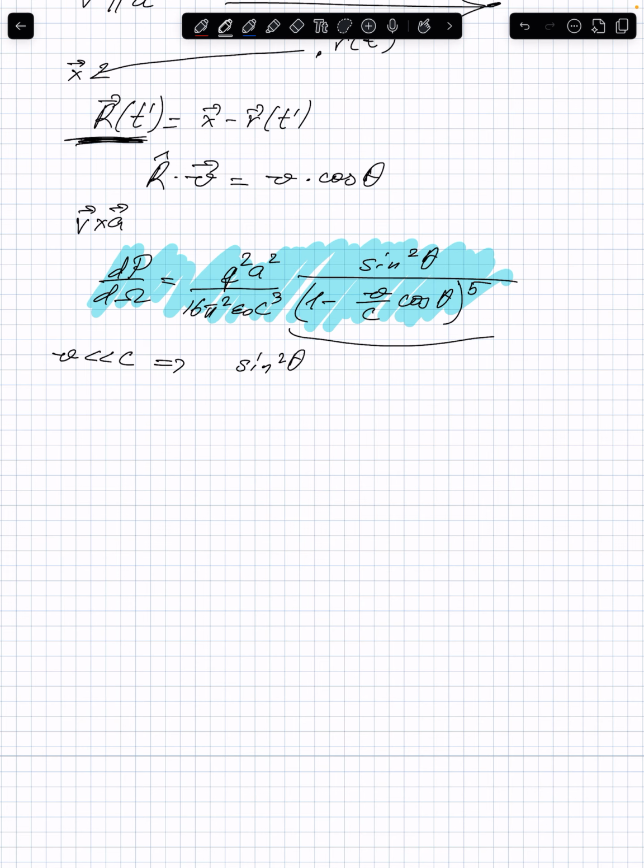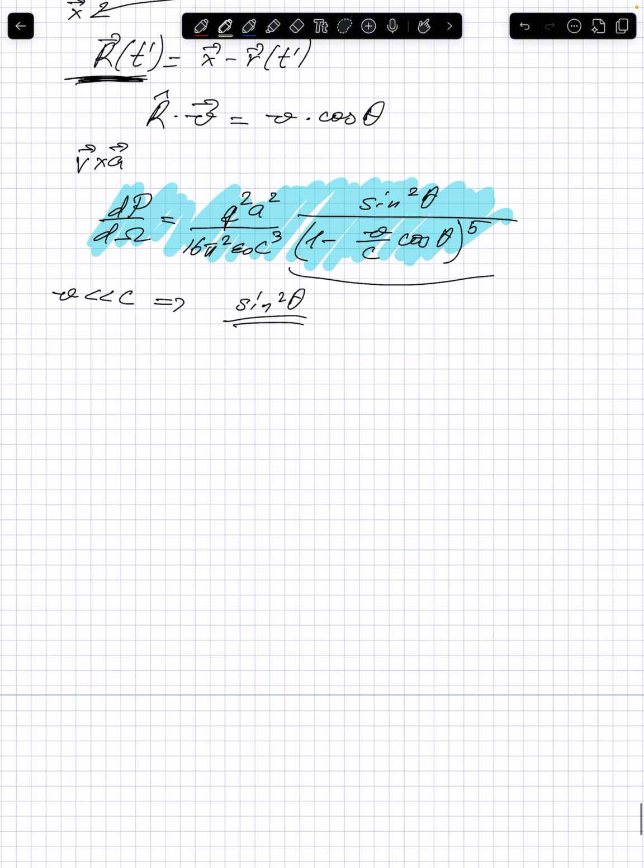In this case, the radiation will be peaked when this sine squared is maximal. That means that the angle theta will be pi over 2. That is, the radiation is mostly going in the direction perpendicular to the trajectory of the particle.